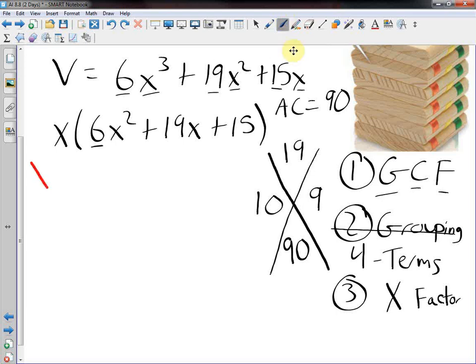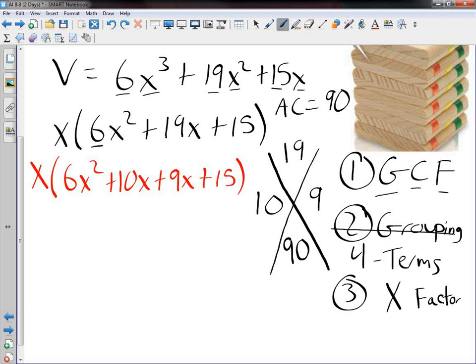There we go. X. And then we use our grouping, right? Since it's AC factoring, we are going to use grouping, but before we can, we have to rewrite it. Like that.